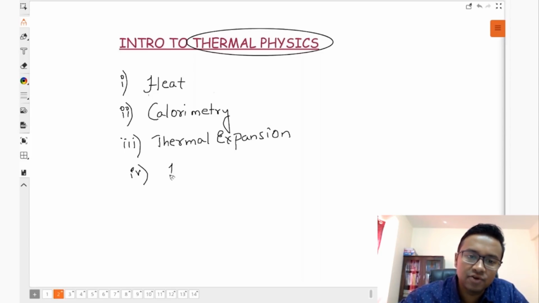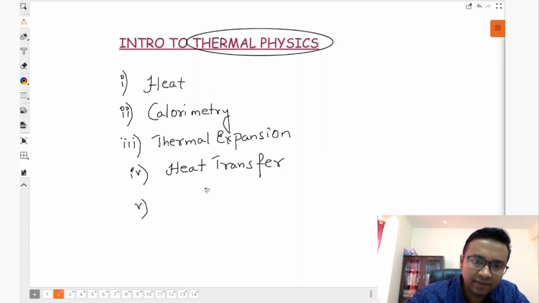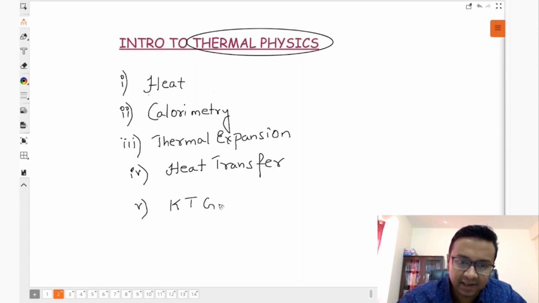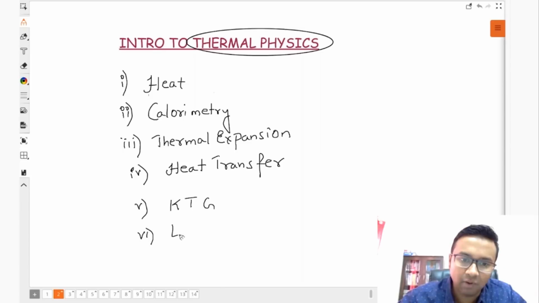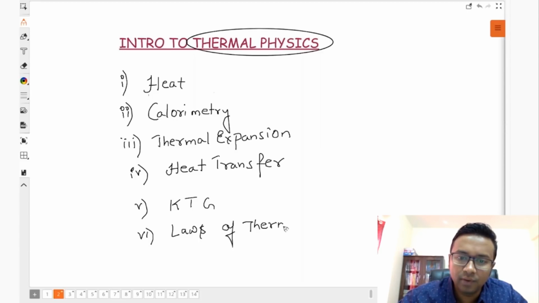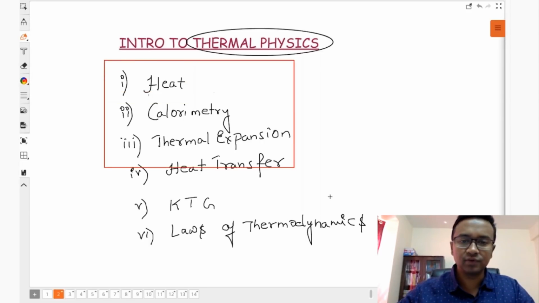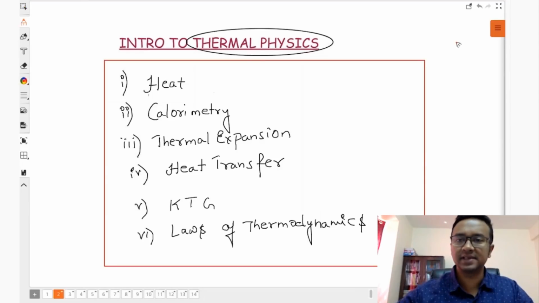Then we have heat transfer. After that, we have kinetic theory of gases, which we will abbreviate as KTG. And then finally, we have the laws of thermodynamics. So overall, this is the roadmap for your entire thermal physics, my dear students.